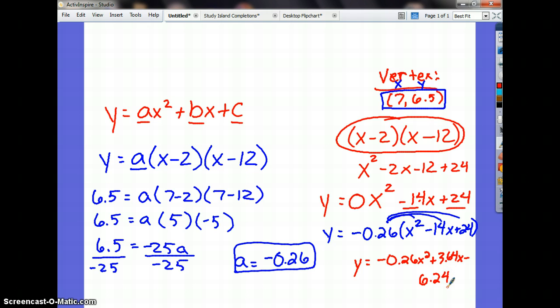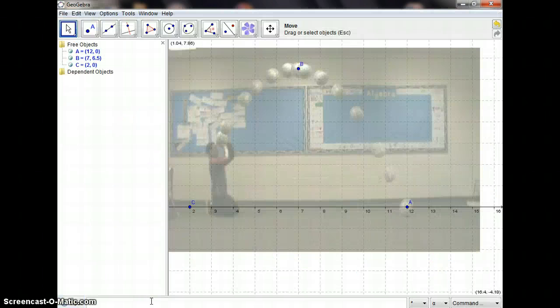The nice thing about this then is I can type this literally into GeoGebra, which I'm going to do right now. So finally, ladies and gentlemen, here is GeoGebra. I'm going to take my equation, which was y equals negative 0.26x, and I have to use the caret for the squared button, plus 3.64x, and then minus 6.24.